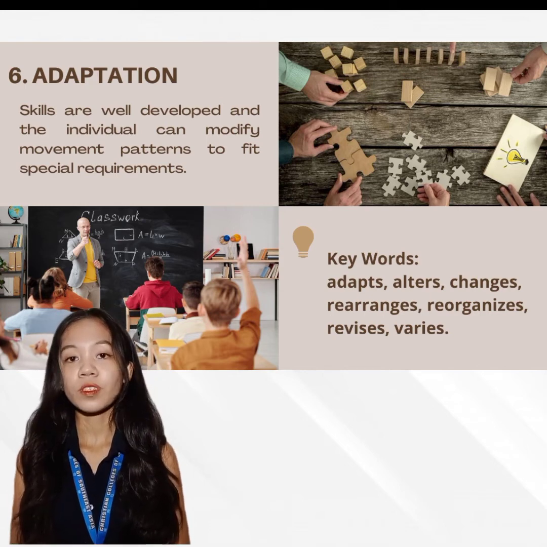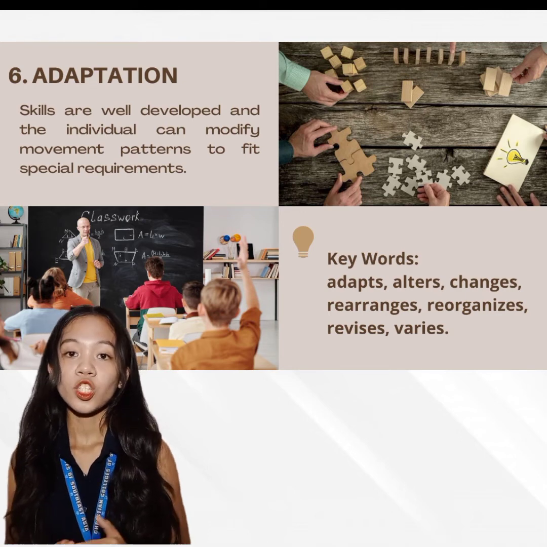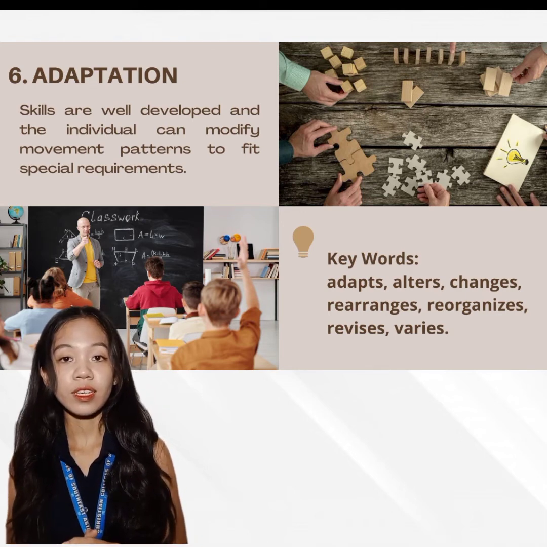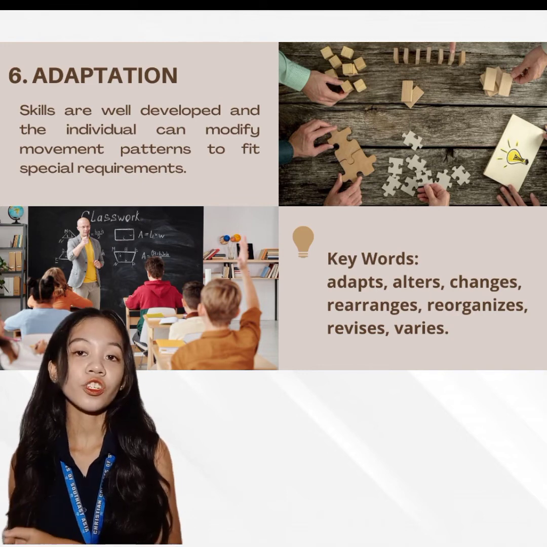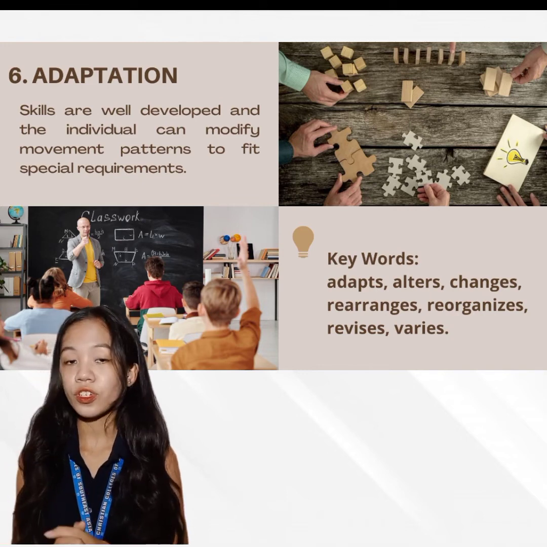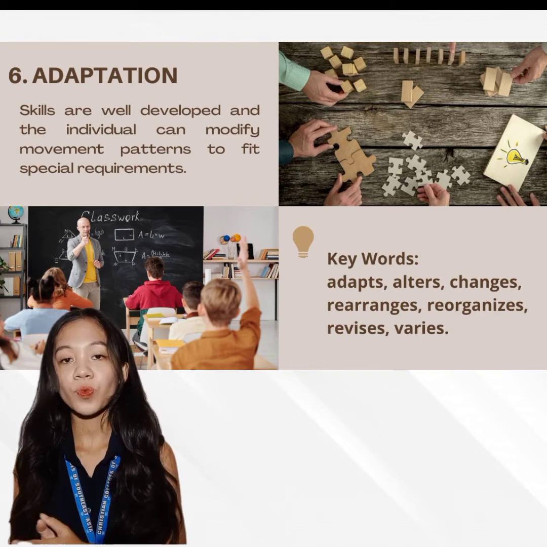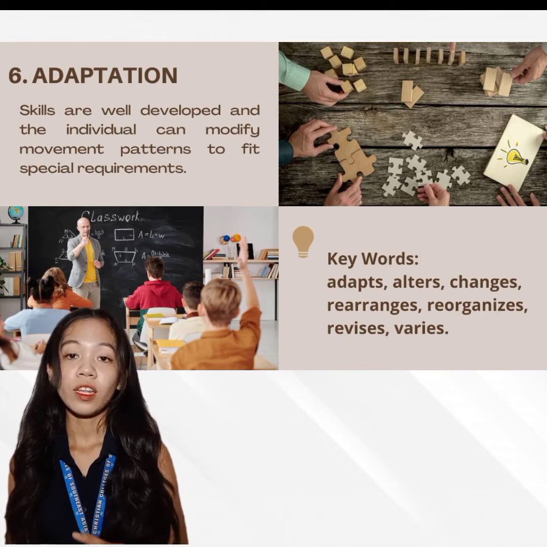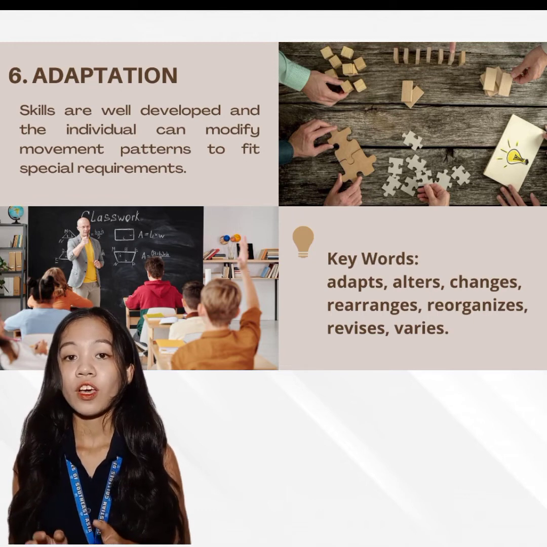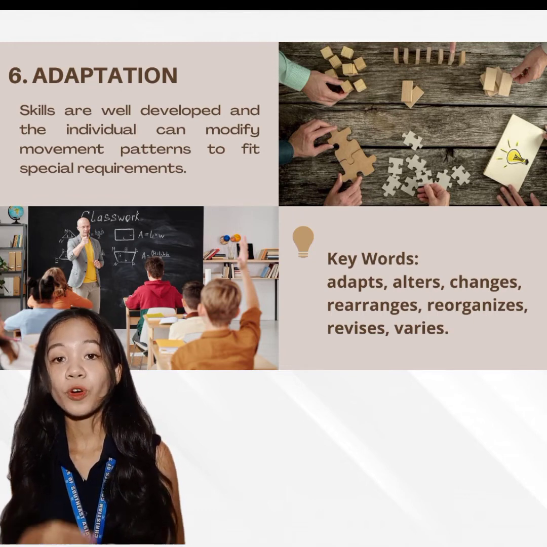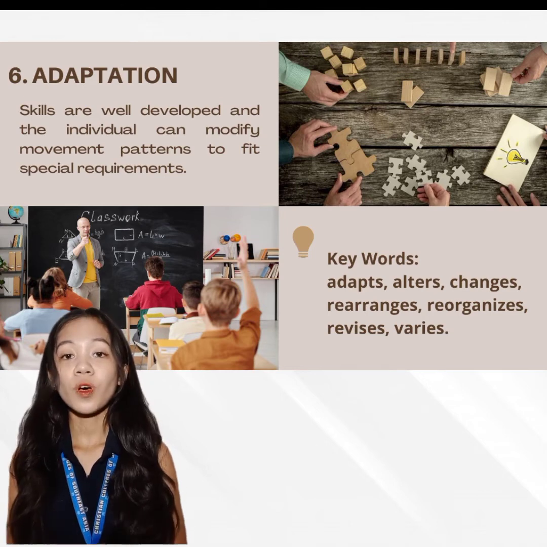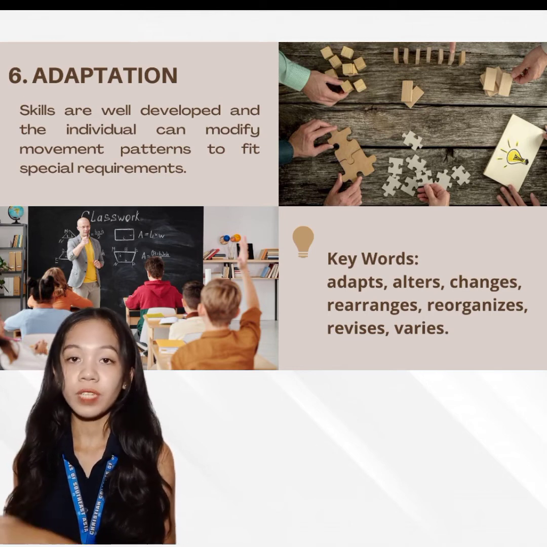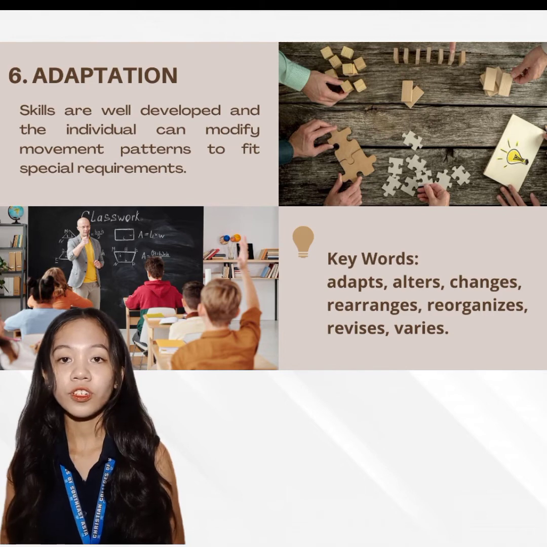For examples, responds effectively to unexpected experiences, modifies instruction to meet the needs of the learners, and performs a task with a machine that was not originally intended for it, where the machine is not damaged and there is no danger in performing the new task. These are the keywords under adaptation: adapts, alters, changes, rearranges, reorganizes, revises, and varies.